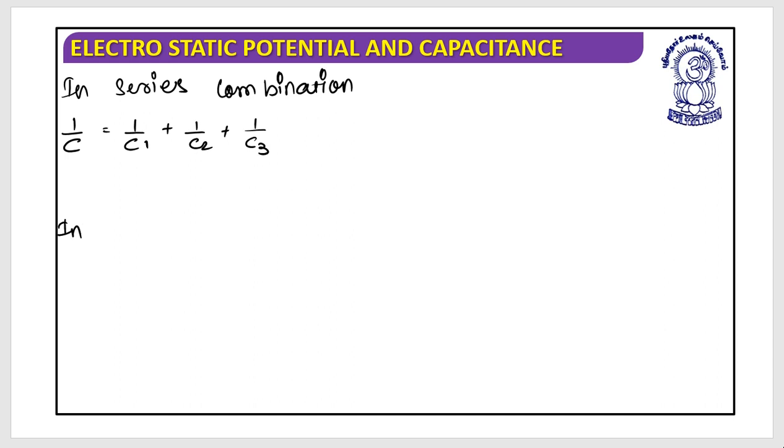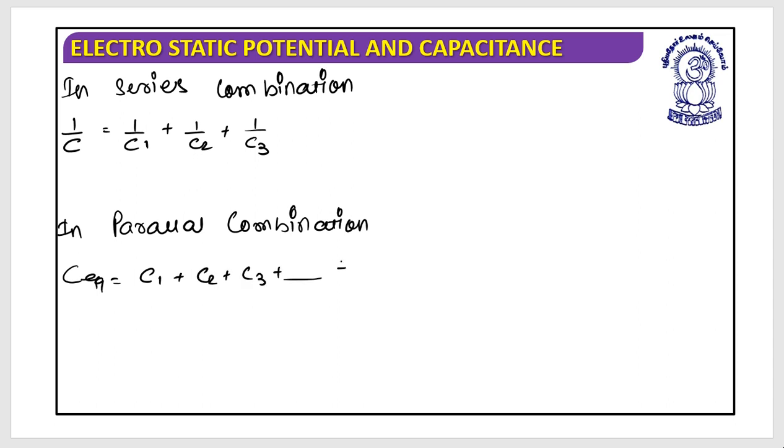And in parallel combination, C equivalent is equal to C1 plus C2 plus C3 up to Cn. I hope those things are clear to you.